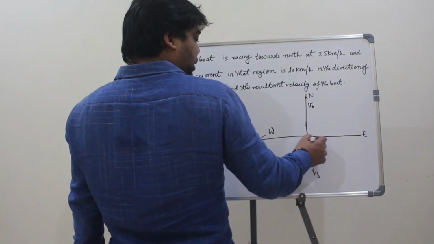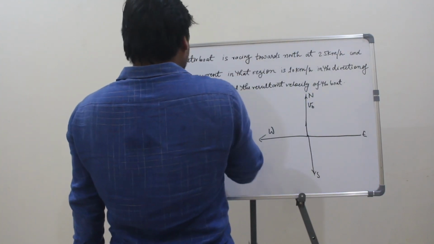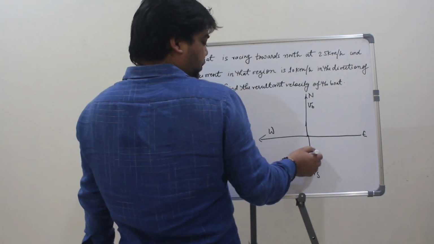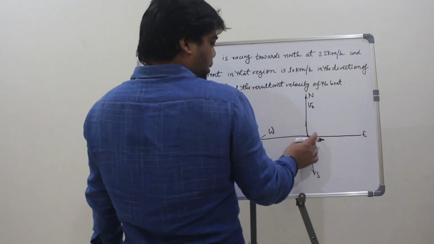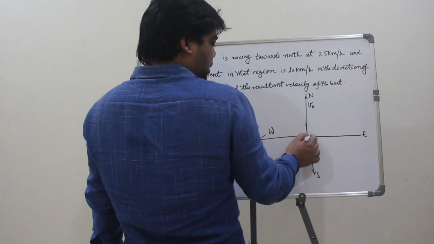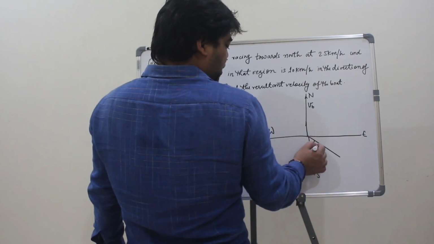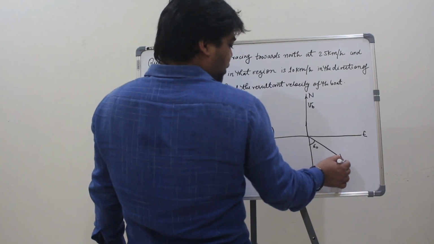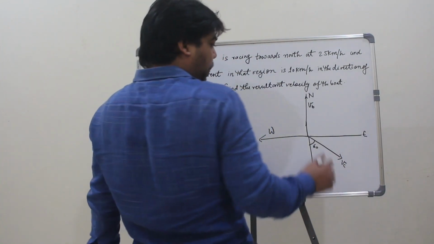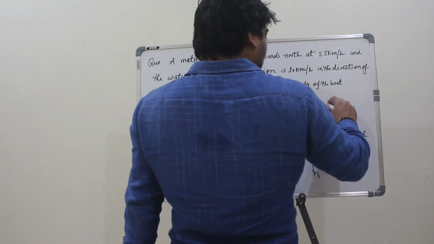It is saying that 60 degree east to the south, 60 degree east, this is 60 degree, right? And this is V current. Now it is asked what is the resultant. Let us assume that this is the resultant.